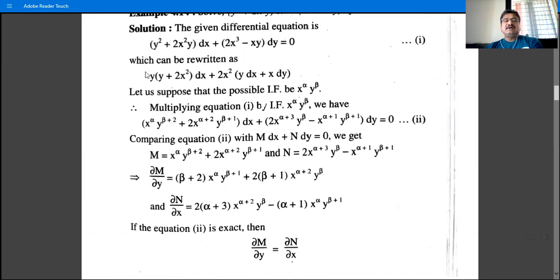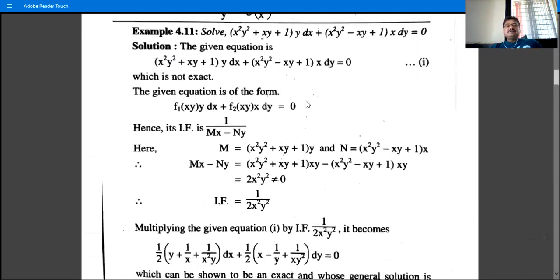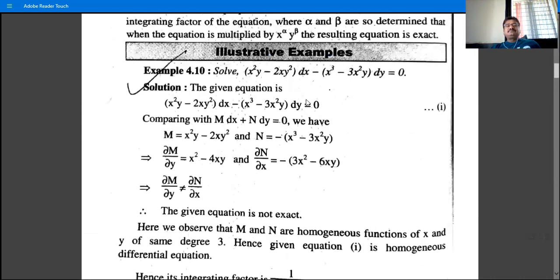So here is the correction: in the bracket, y dx minus x dy, then plus 2x^3 (y dx plus x dy) as it is. If the example is of that type, then the integrating factor is x^alpha y^beta. Now we have to find alpha and beta. So this is an example on rule number 5.